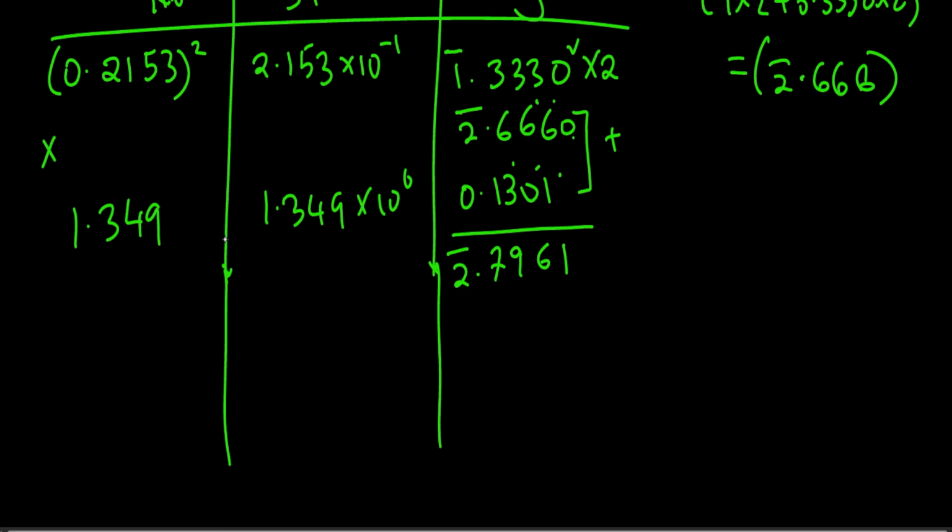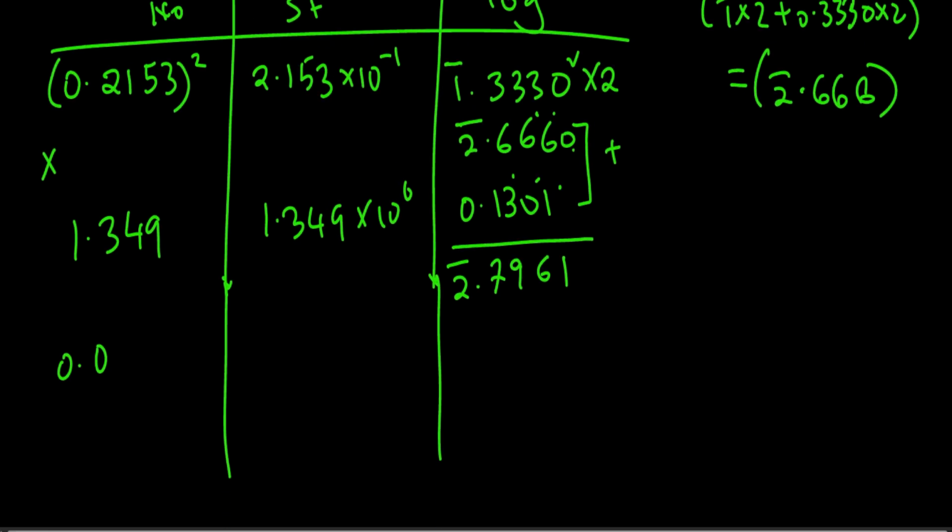The next one is 0.00548. In standard form, 5.48 times 10 to the power of negative 3. So it's going to be bar 3 point.